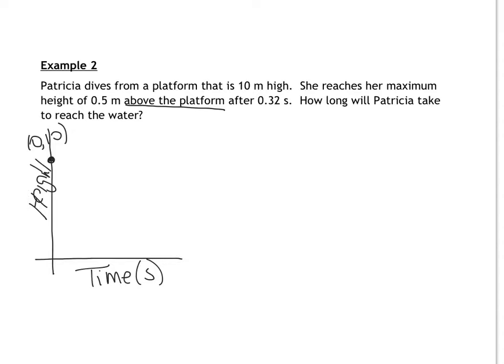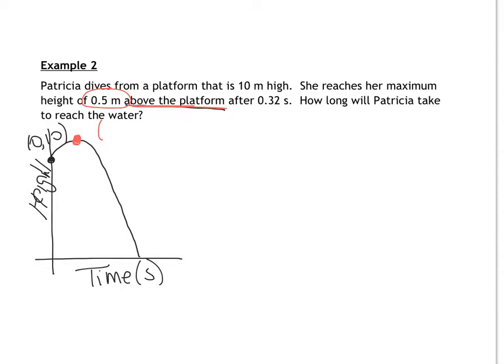Now, she jumps and reaches her maximum height of 0.5 meters above the platform before she dives and hits the water. So this point right there, we know the coordinates of because she's a half a meter above the platform.